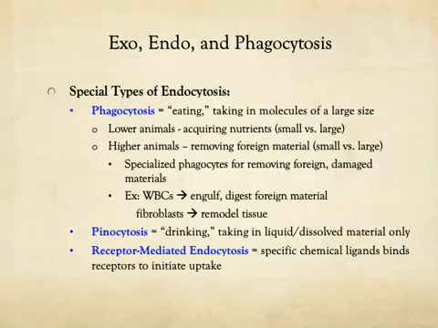In other words, this is going to be a process where specific chemicals, specific molecules, what we sometimes call ligands, are going to come into the cell by binding first to a receptor. And that is going to initiate this special type of endocytosis.